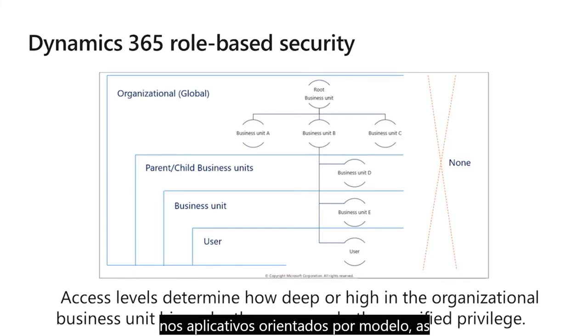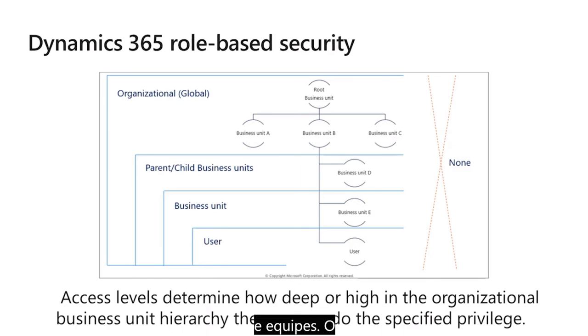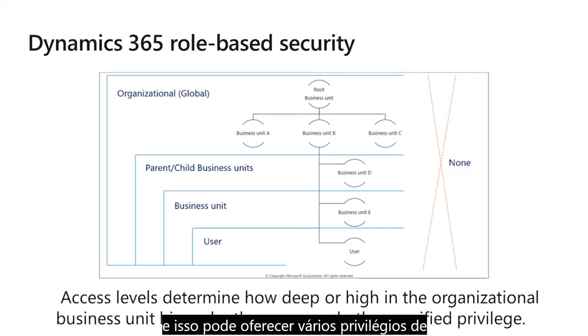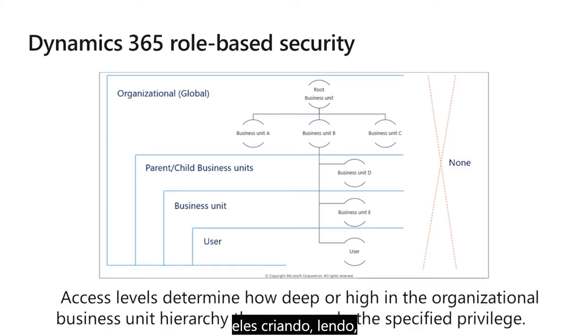In model-driven apps, security roles are combined to give the user the most restrictive access defined in their collection of business units, roles, and teams. So what we see here is a structure of role-based security, and this can give them a number of different record-level privileges, whether they're creating, reading, writing, deleting, anything like that.